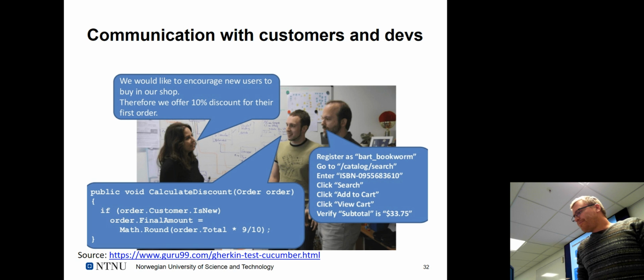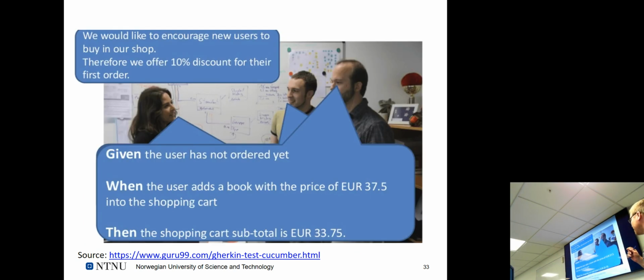And the idea is, can we rephrase testing in this kind of way? That instead of thinking about our different domains as implementer and tester, for example for QA purposes, can we do it this way? Given that the user has not ordered yet, so again, the persons we encourage to have new users buy in our shop, when the user adds a book with a price of so and so many euros into the shopping cart, then the subtotal is 33.75.